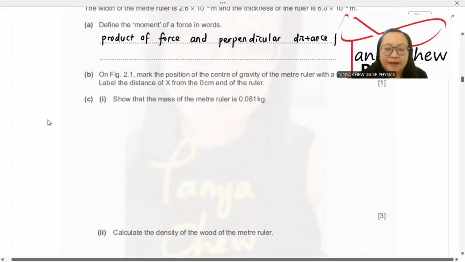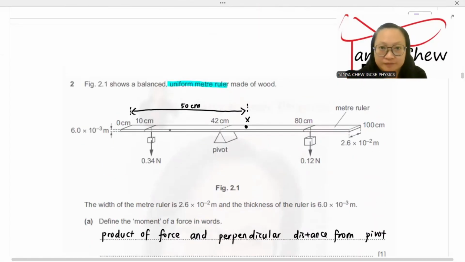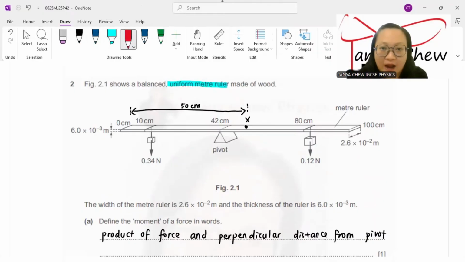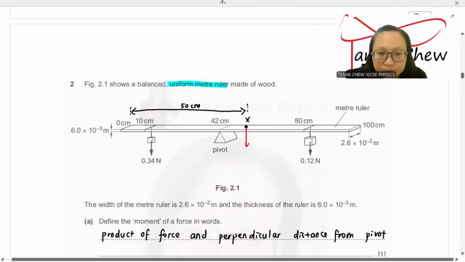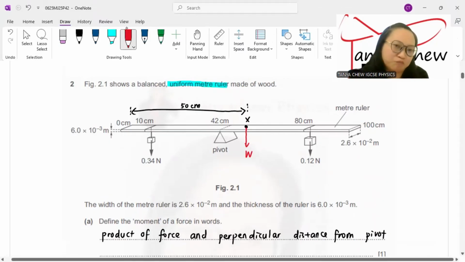Now the next one, C.1, show that the mass of the meter ruler is 0.081 kilogram. Since the weight of the meter ruler is not shown here, I need to draw it out. This is the weight of my meter ruler. And there is a pivot involved here. The first part of the question asks you to define the moment, so it has something to do with the moment. Look for the second hint here.